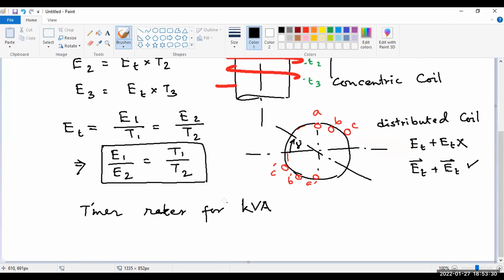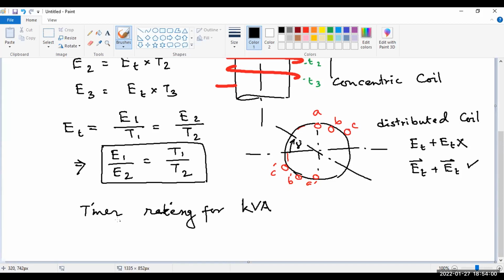So you just try to remember one thing. I am not explaining that in detail. Generally, the rating depends on the output. For any machine or any device, when we write the rating, it is as per its output, not the input.